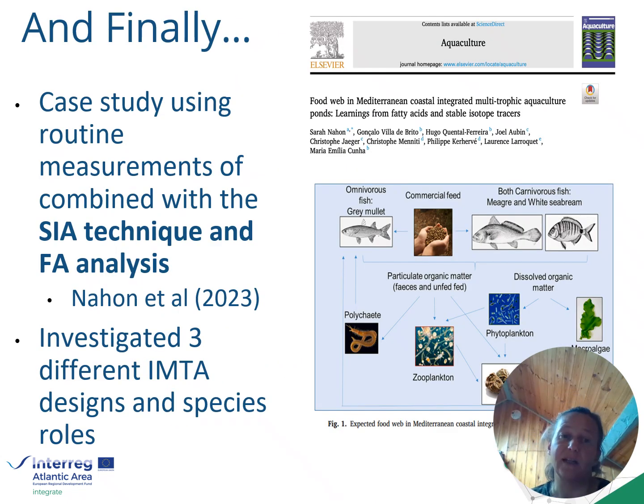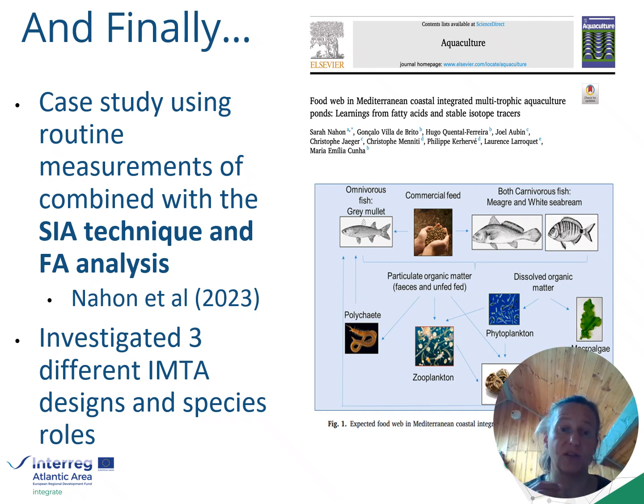Okay, so just finally then, I'd like to highlight this paper by Nahon et al. 2023, because this really provides a nice case study combining the stable isotope analysis technique along with routine measurements and also fatty acid analysis.